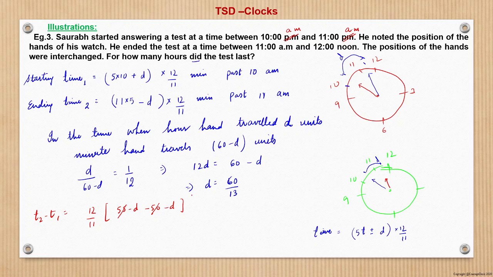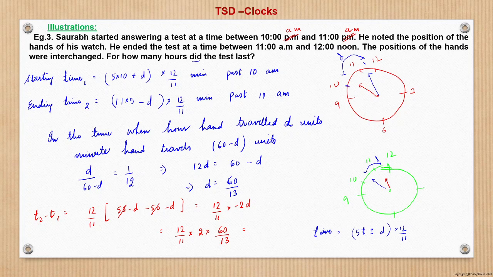What remains basically is 12 by 11 into minus 2d, right? I mean we'll take the modulus of this anyway. So this will be 12 by 11 into 2 into d, and d is 60 by 13. So this value we will find out.